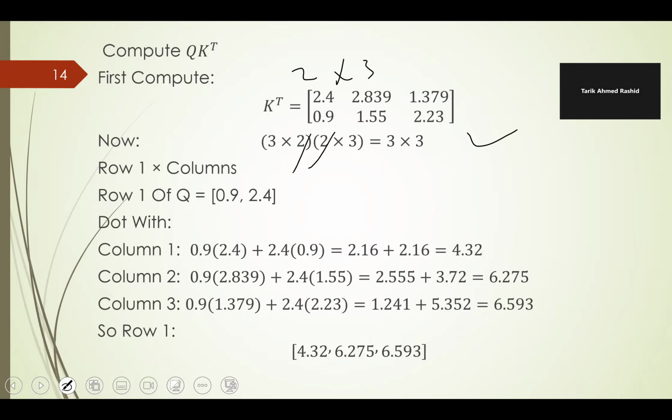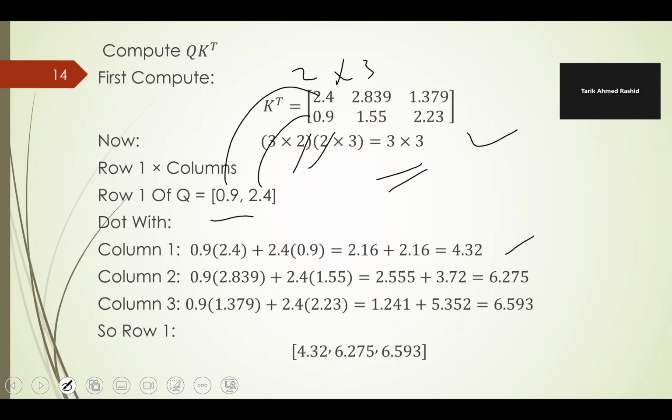So 2 with 2 would go, and we should have a 3 by 3 matrix. Now we have 0.92, multiplied by this one and this one. 0.9 multiplied by 2.4, and 2.4 multiplied by 0.9. That's how we got it for the same column.